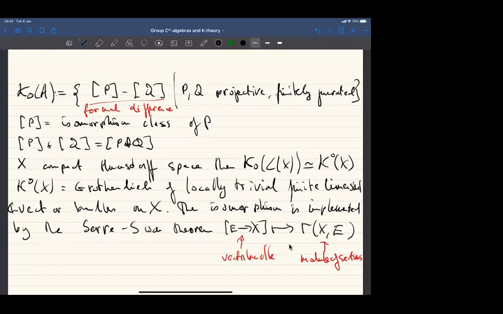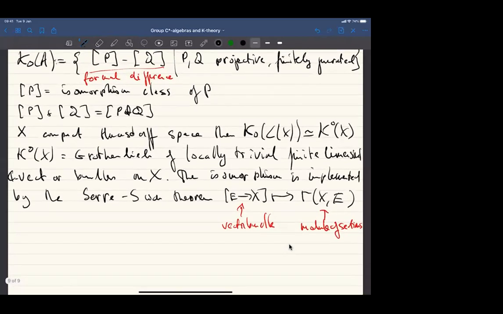Okay, so this is the most algebraic picture of K0, and in topology you directly get a relation to the Grothendieck group of vector bundles.